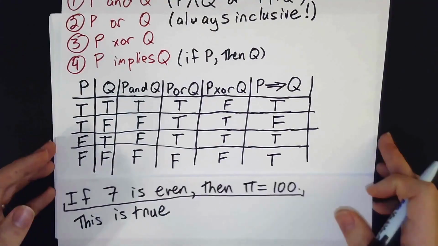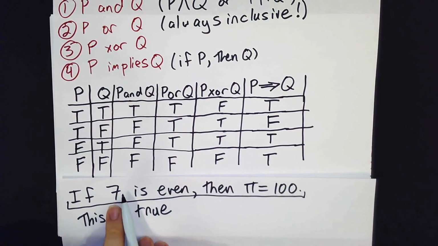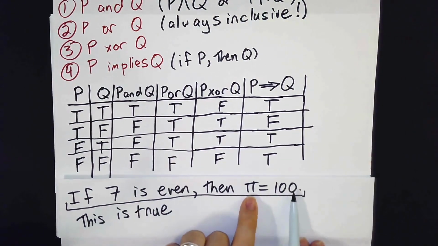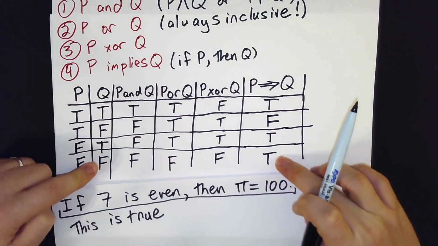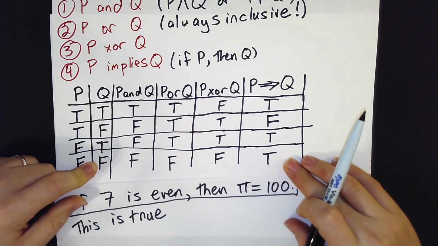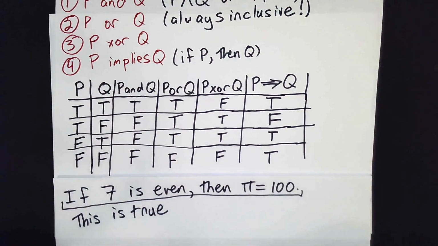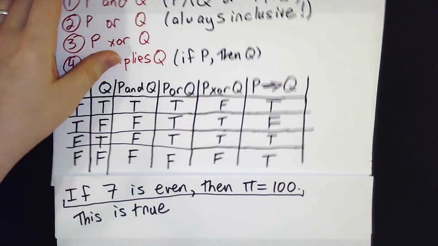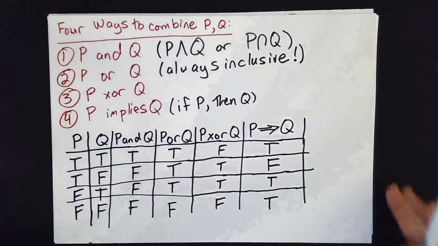Well, here we are in the "7 is even, pi is 100" case. Both of these are false, so that's the false-false line, and we see that that false-false line comes across as true. So this takes some getting used to, but I promise that ultimately, once we put all of this together with proofs and quantifiers, this could be no other way.